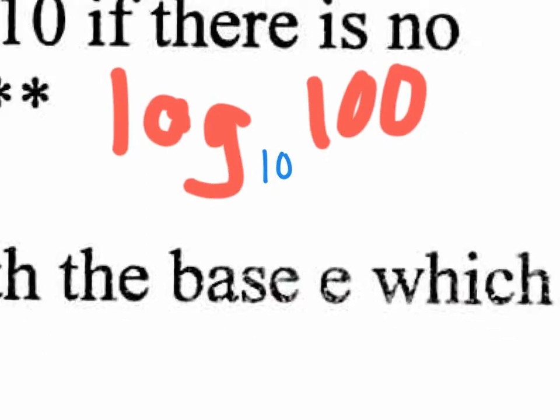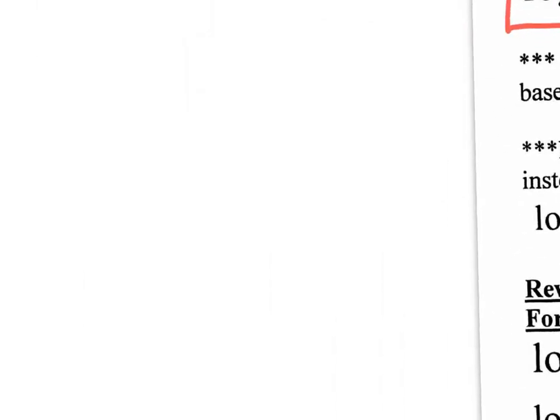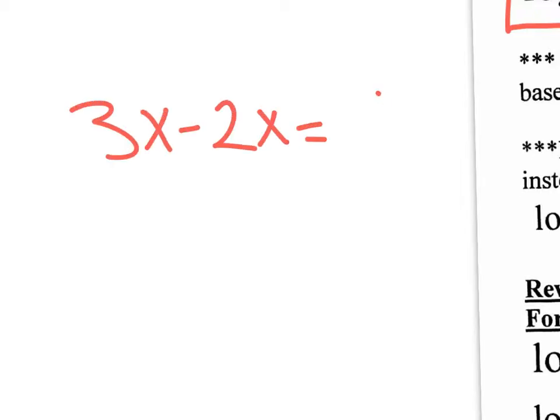It's kind of like when you have a variable x. Like if I say, what's your answer? 3x take away 2x. What's the answer? It's x, right? Now, you could put the invisible 1 right there. You could put 1x. That's totally fine. So on a logarithm, same thing.